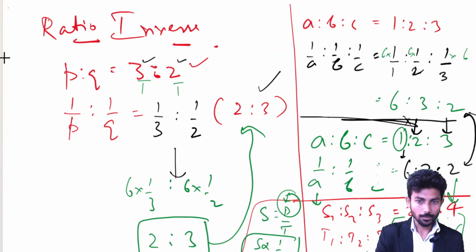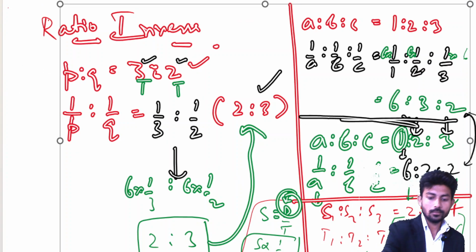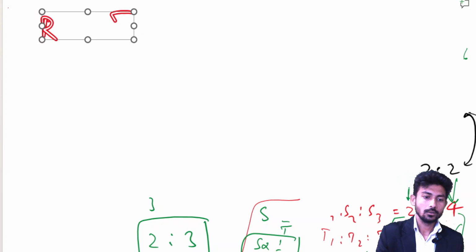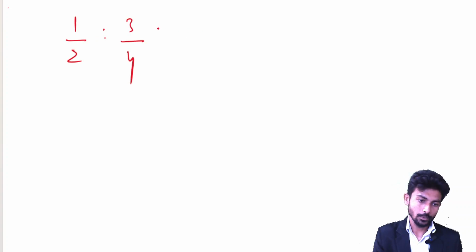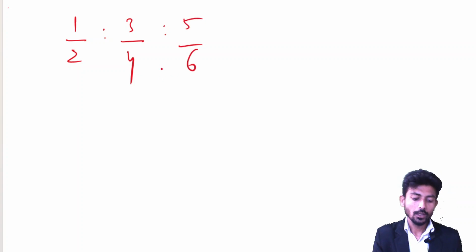Now I'm just erasing this part. Let's suppose we have a ratio like 1 by 2, 1 by 3, 3 by 4, 5 by 6. This is slightly different from the last one.